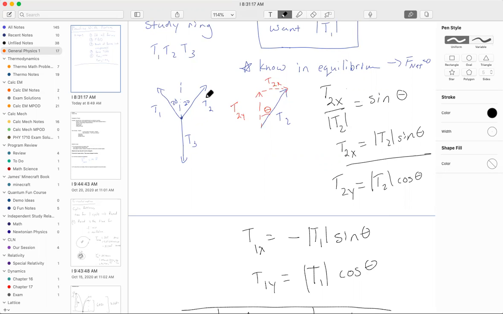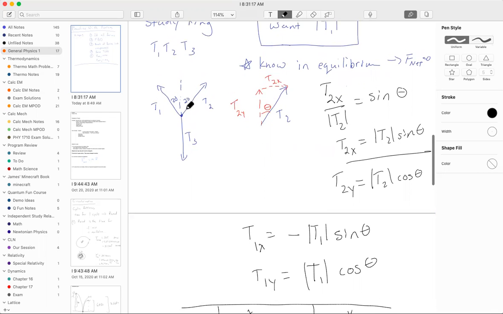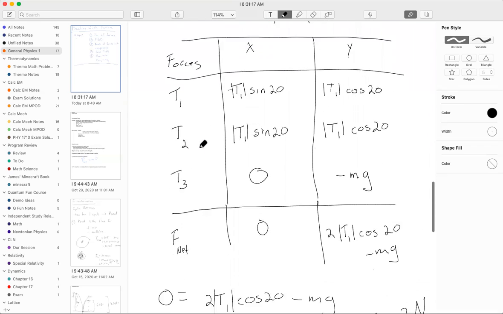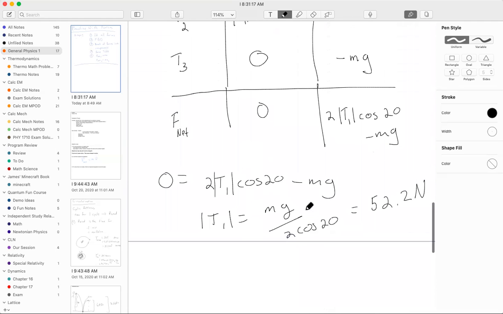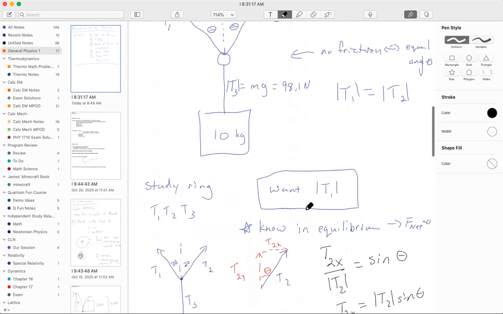If you imagine trying to lift something off the ground, you don't do it with a rope at a really shallow angle, you just want to pull it straight up to make it as easy as possible. Well, all that amounts to saying is, in order to support this weight at an angle, you need something a little bit more than half the weight. So 52.2 seems like a reasonable result. All right, so that's how I handled that.